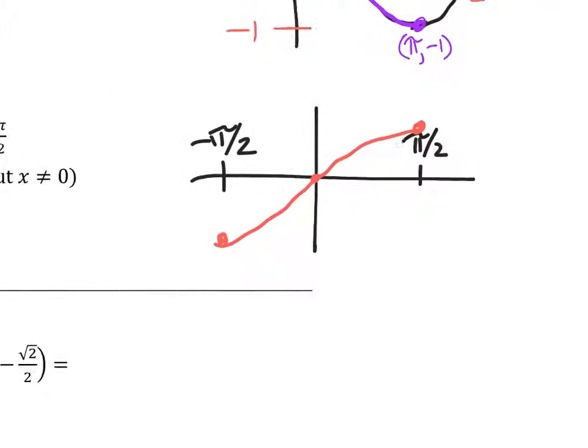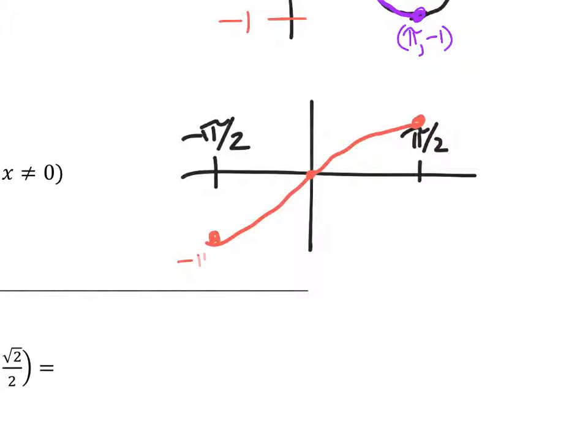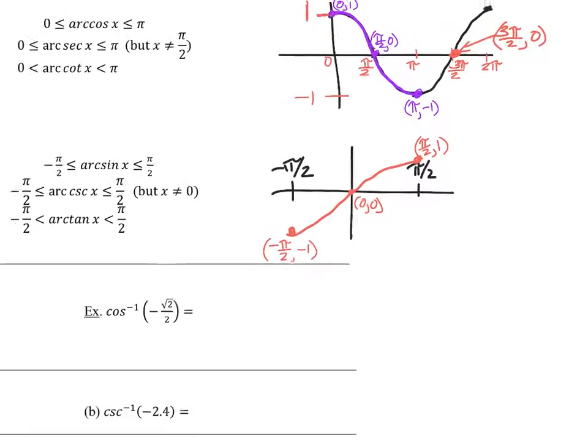So I'm going to have relevant coordinates here of negative pi over 2 comma negative 1, 0 comma 0, and then pi over 2 comma positive 1. So all I'm doing is plotting those in reverse.